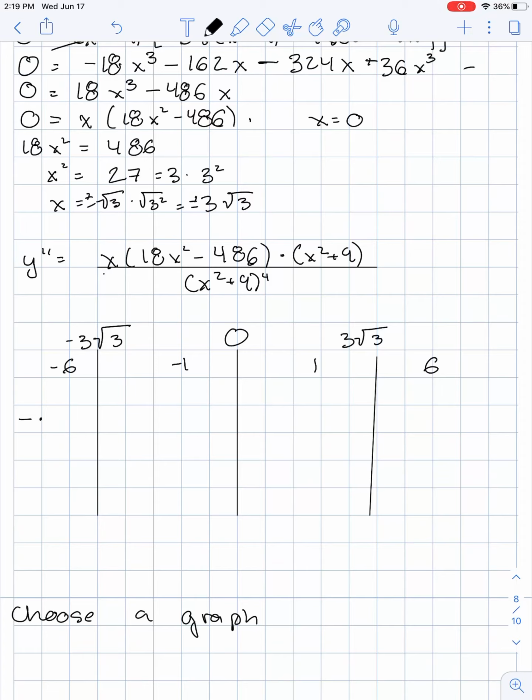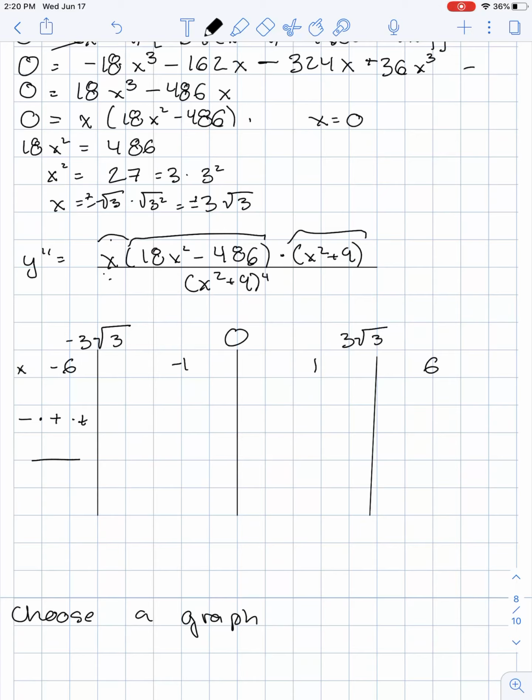Which is going to make that part a positive times a positive. What I'm doing is I'm going through each one of these little things and plugging in my x value, which is this guy right here, -6, and I'm seeing if I get a negative times a positive times a positive. So I get negative times positive times positive, so I get a negative back out.